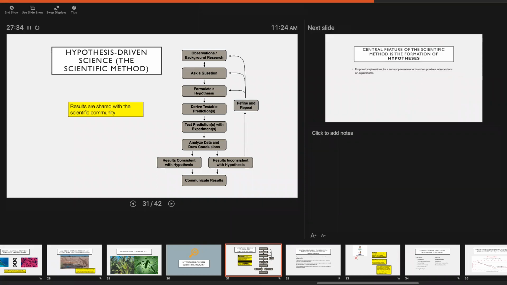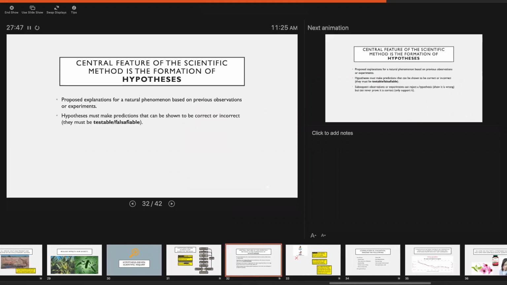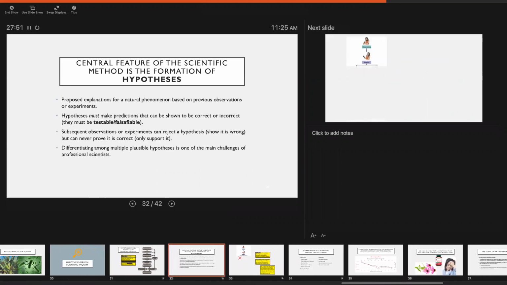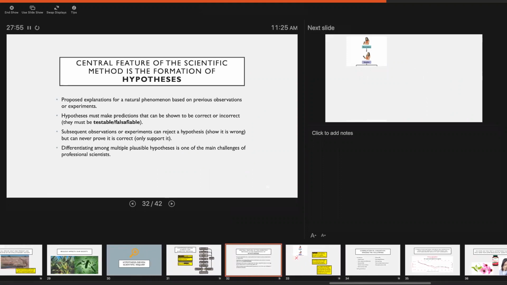After you've communicated the results, one of the key goals of science is to refine the question and then repeat this entire process. So again, a hypothesis is a testable or falsifiable statement. It is not a question. Hypotheses must be able to make predictions that can be shown to be correct or incorrect through experimentation.